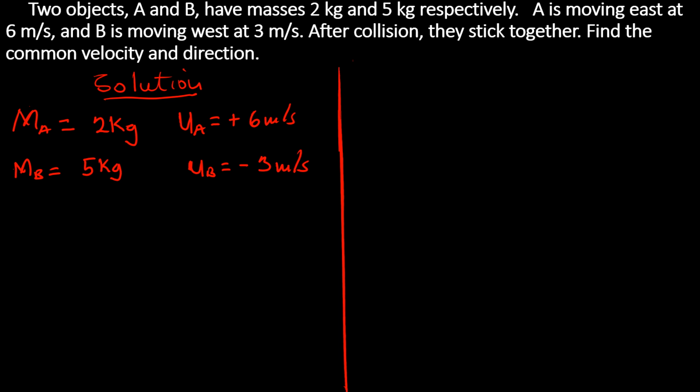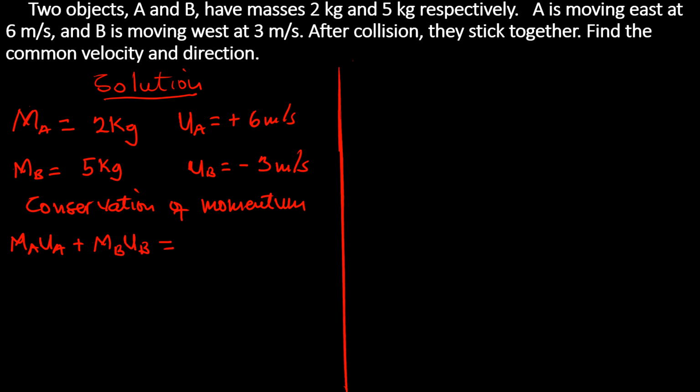So from conservation of momentum, MA UA plus MB UB is equal to MA plus MB, all in brackets, multiplied by the common velocity, that's VF.